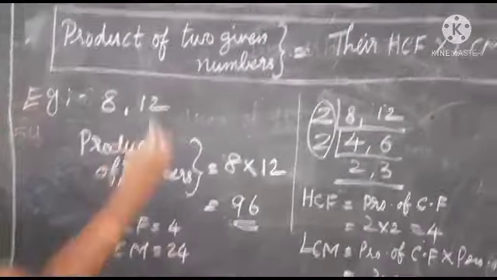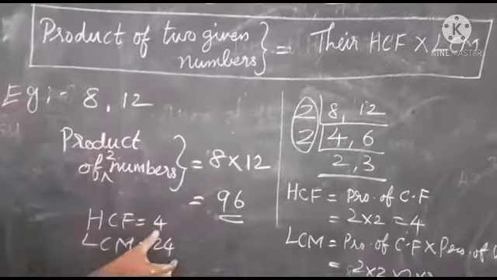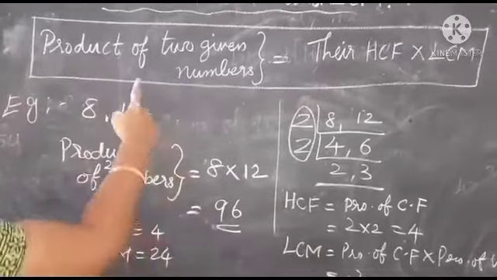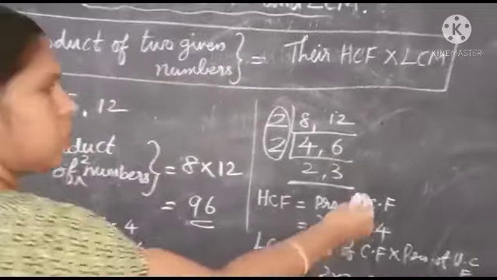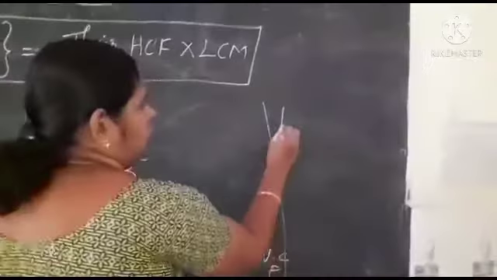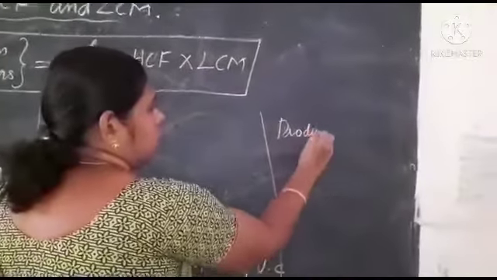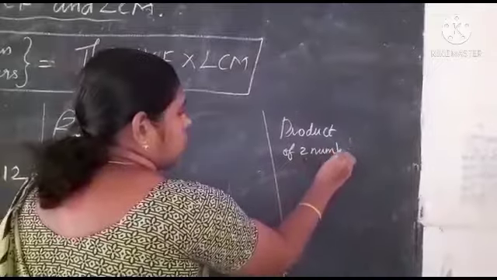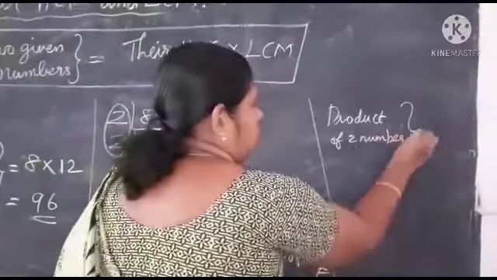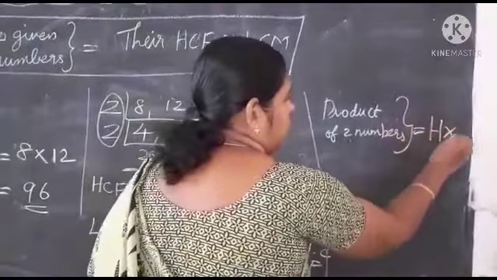Next write the rule. We verify the answers with the above rule. So what is the above rule? Product of 2 given numbers equals HCF into LCM. The product of two numbers equals HCF into LCM.